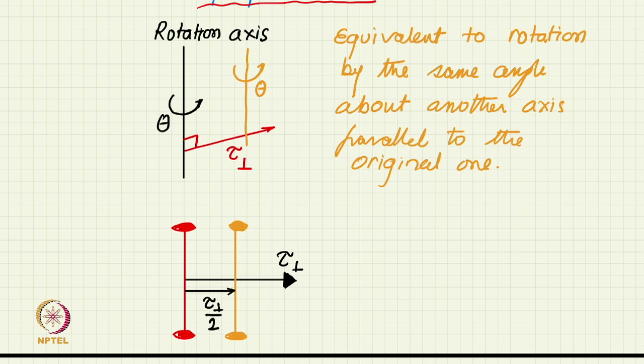So, we are familiar with this case, and this will always be the case. It will not always occur at t perpendicular by 2, but somewhere in space which can be calculated on the basis of the translation vector, there will be another axis about which the same rotation is possible.